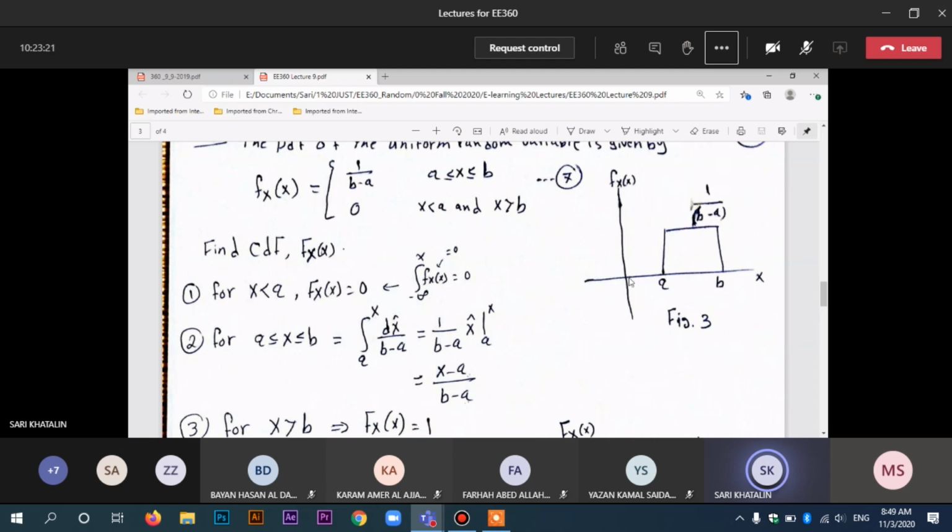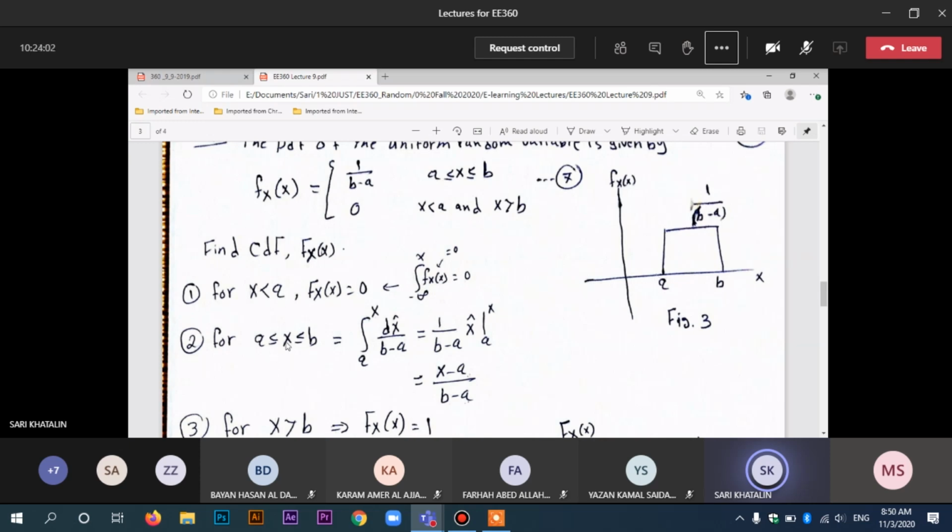So here, we have 3 areas: when x is less than a, then x between a and b, and then when x is larger than b. We integrate the first part. Definitely, the Fx here is 0, as shown here. So the first part is 0 when x is less than a.